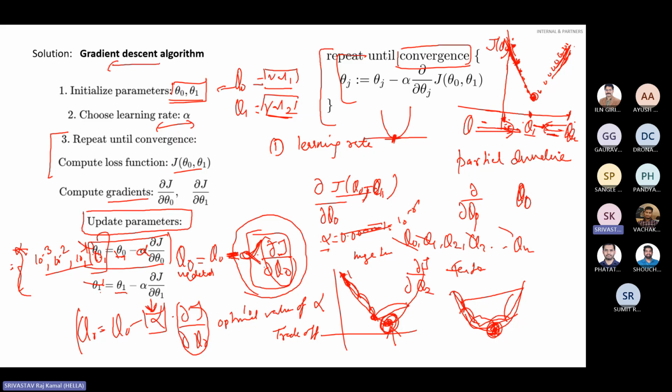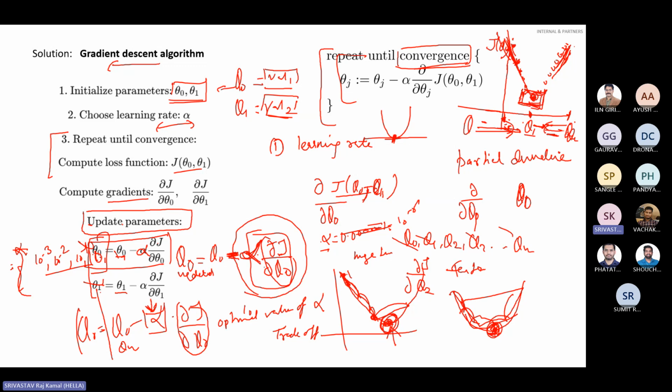You descend the cost function towards the direction of the local minima by updating the parameters by the rule, valid for all theta n, right? And we keep doing this until we reach convergence, meaning we reach somewhere here.